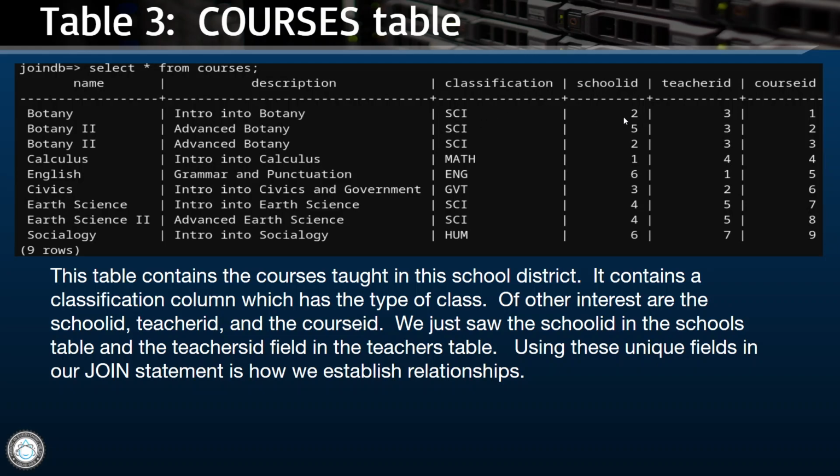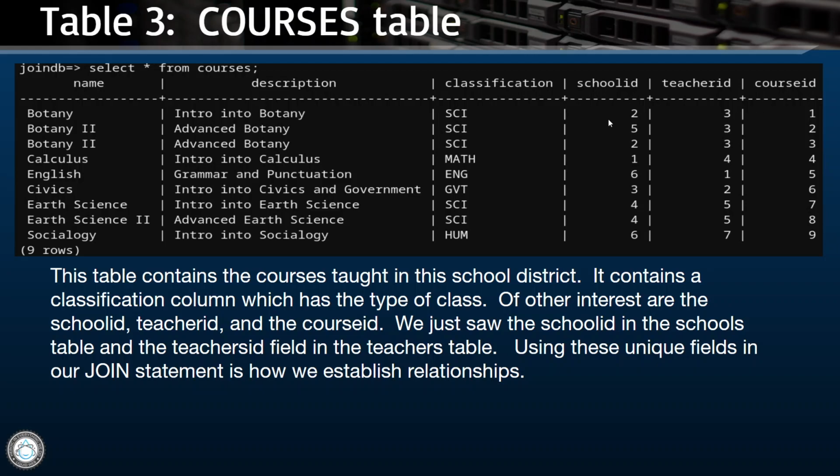Over on the right, though, we can see a collection of all the primary keys that we've talked about so far. So we have a school ID, and here are the school IDs from the school table that we saw, and same thing with the teachers. Plus, just like all the other tables, each course has its own ID.